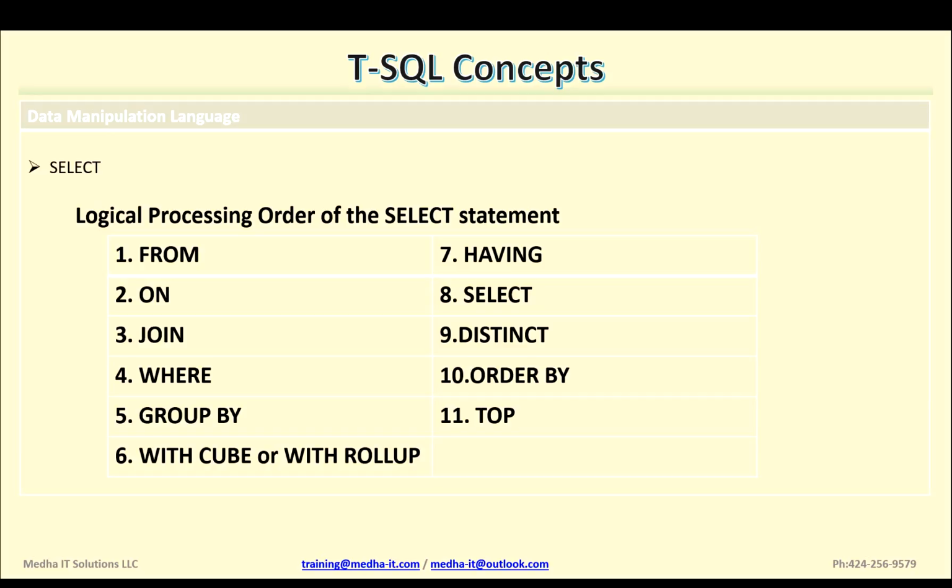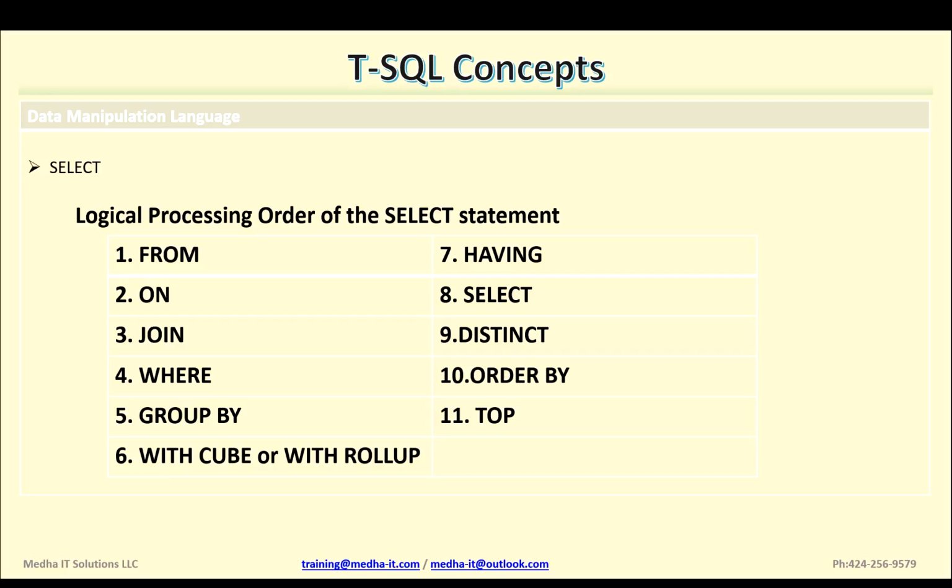So when we run any select statement, SQL Server needs to execute that select statement, right? So it follows a certain logical processing order. That means it's an order that SQL Server follows to execute any select statement.